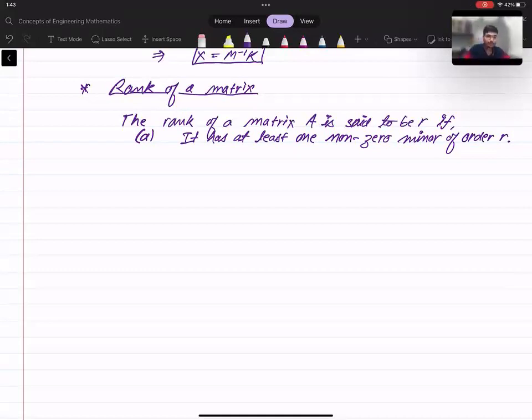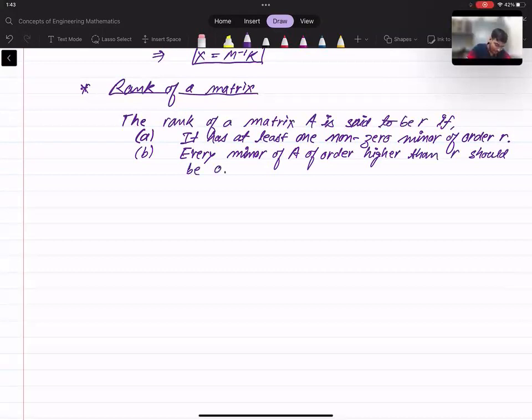Okay. And also this leads to the condition that every minor of A which is of order higher than R should be zero. Okay. So every minor of A of order higher than R should be zero.